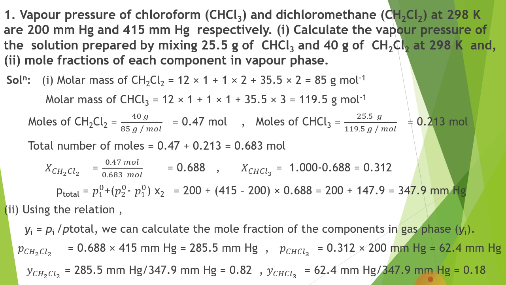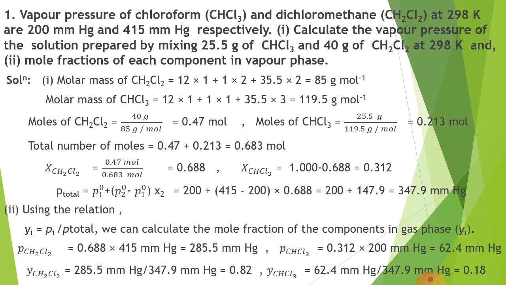Now, putting this partial pressure in the formula, Y equals partial pressure divided by total pressure. So Y CH2Cl2 equals the partial pressure 285.5 and total pressure 347.9.